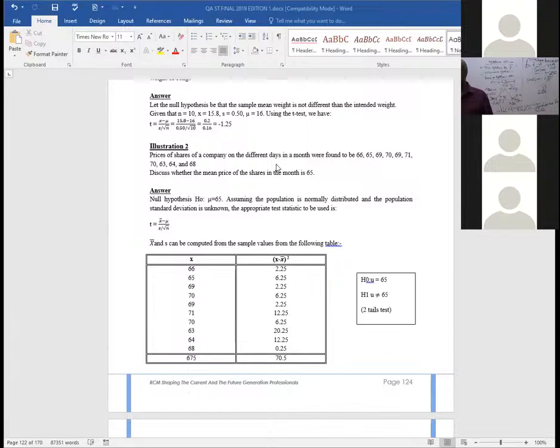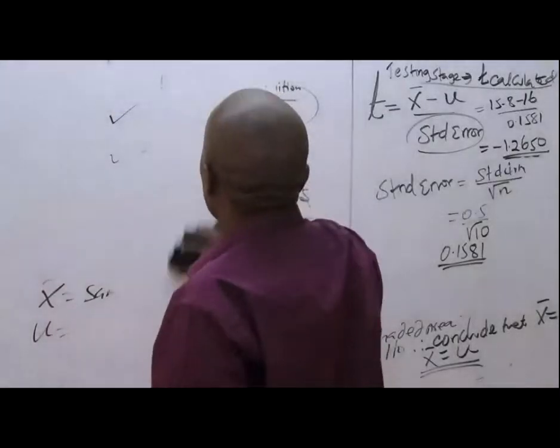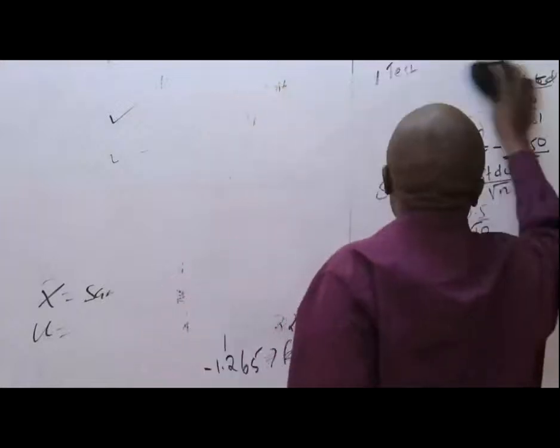Now, look at this. These guys here have given us a sample of the daily prices. How many are they? 1, 2, 3, 4, 5, 6, 7, 8, 9, 10 prices. So the first thing I'll do is to appreciate that we've got 10 samples.